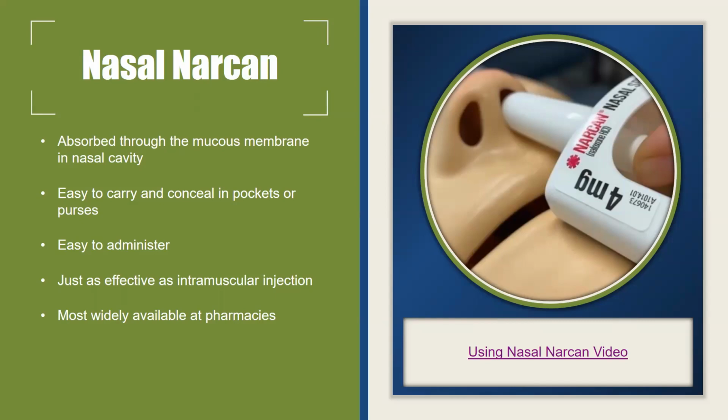So even if the person isn't breathing, they're still going to get this medication. Some other fun things about nasal Narcan: it's easy to carry around with you, in your purse or in your pocket or your car. It's just as effective as the intramuscular injections, and it's the kind that is most widely available at pharmacies.